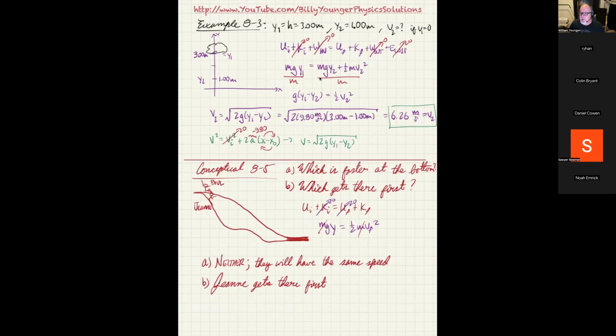Now, if the spring actually had some mass, that would steal some of it, because some of the potential energy that the spring had is now going into the spring itself moving. That would lose some. But if you ignore the mass of the spring, then all of the potential energy that the spring had will be converted to kinetic energy of the dart. But you're also, of course, ignoring air resistance and friction, which probably is not that bad of a thing to do in most of the problems, because normally you're going to go much, much faster.